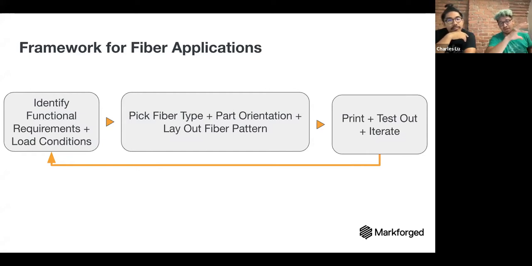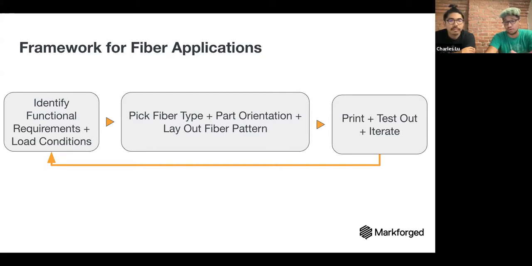That entails identifying where your loads are, the range of force on them, and using that to figure out if you even need fiber. That brings you to the second step: if you do need fiber, what fiber type are you going to use? Those customer stories are examples of areas where you have to identify what fiber to use. Fiberglass would not have been enough for that high temp application.